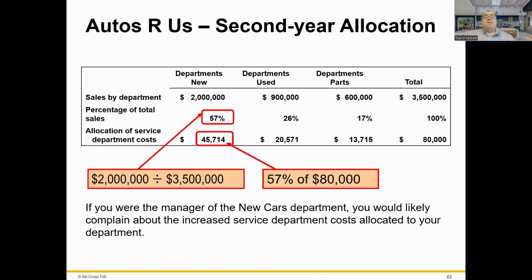And if you think about this, it probably isn't fair, because if this is the amount of the service that's required, new cars probably don't require as much service as, let's say, the used cars, right? You get a car in maybe as a trade-in, or maybe you bought a car at auction and you're trying to ready it for sale.